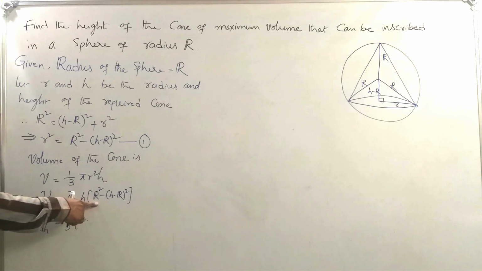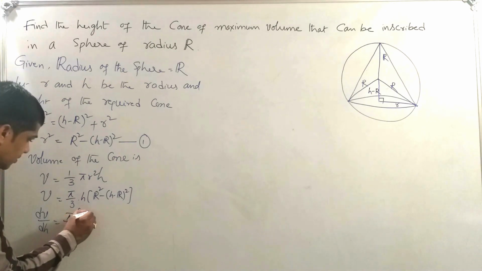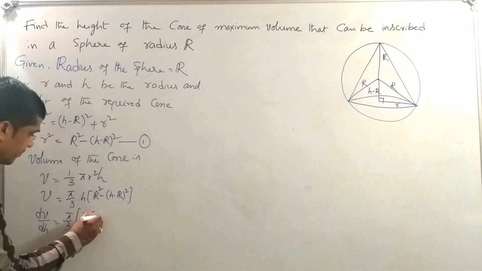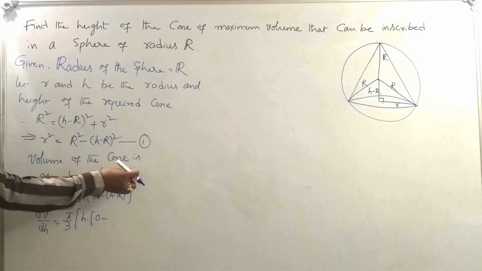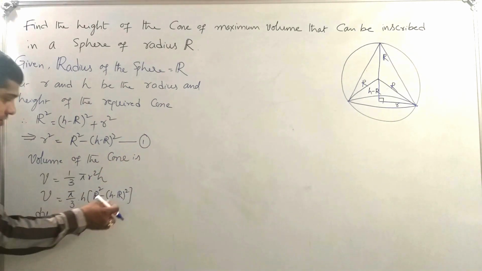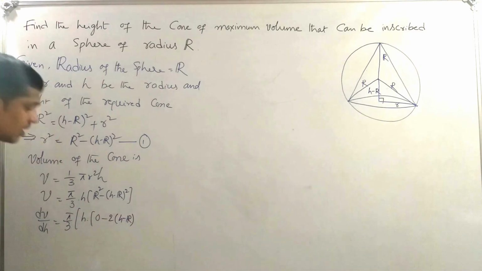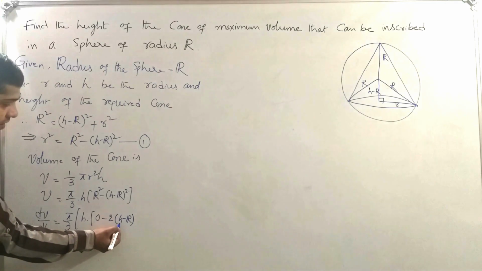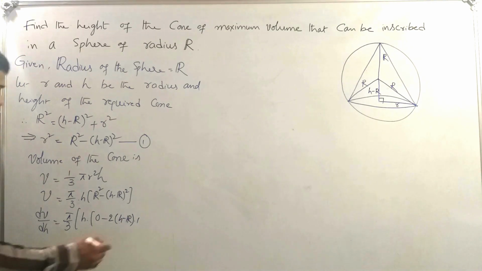Here R square is constant, so for R square the derivative is 0. Minus (h minus R) whole square, which is in the form of x square. For x square the derivative is 2x, so it is 2 into (h minus capital R). Again, for h the derivative is 1 and for capital R the derivative is 0 with respect to h.